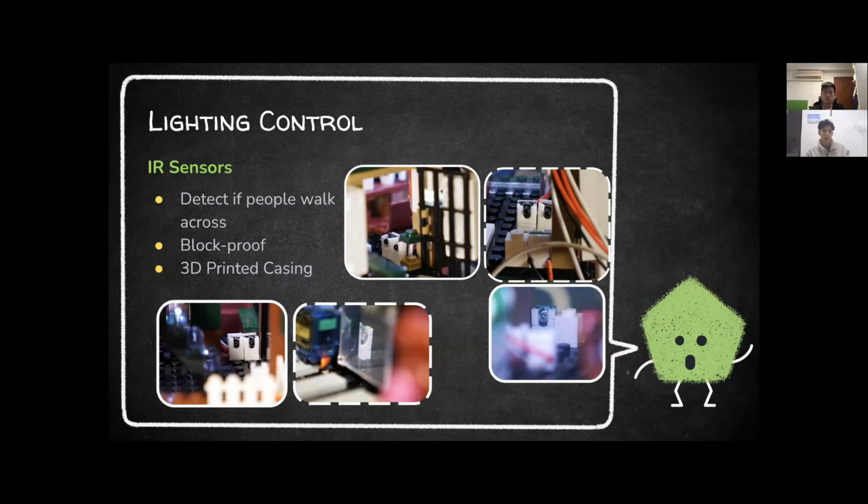The IR sensor detects if people walk across, and we have a pair of receivers and one transmitter. So we use two IR sensors to determine whether someone goes in or out.